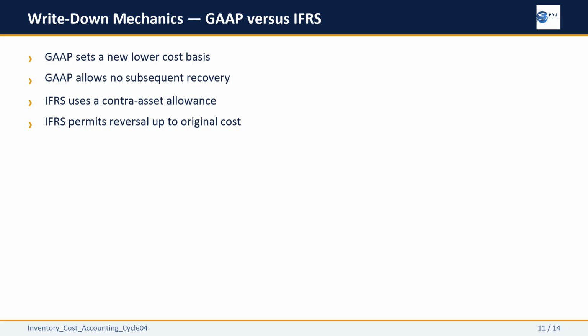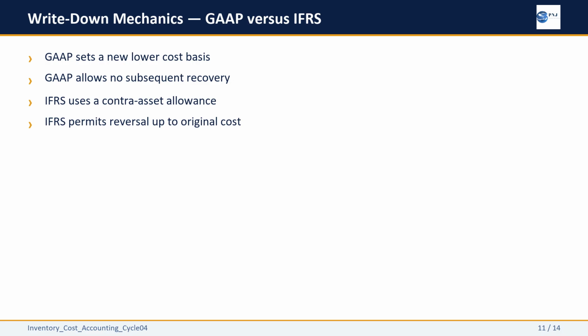And because the cost is preserved, a reversal is permitted if circumstances change, but only up to the original cost, never above. So the same inventory, the same recovery, produces a different result depending on the standard. In practice, this means you must know which framework your client reports under before you touch a single number.